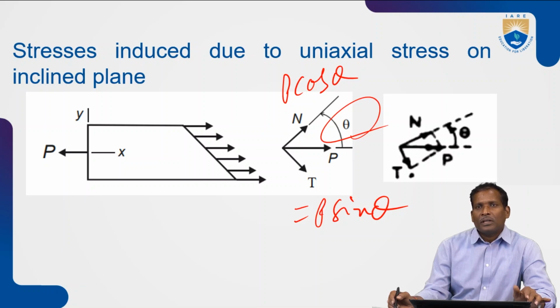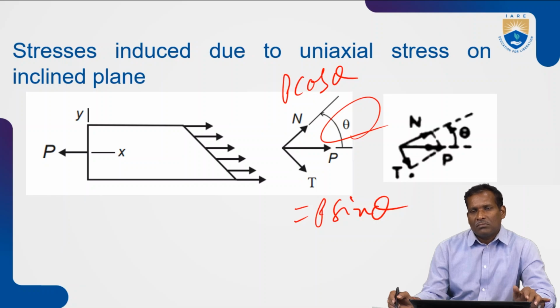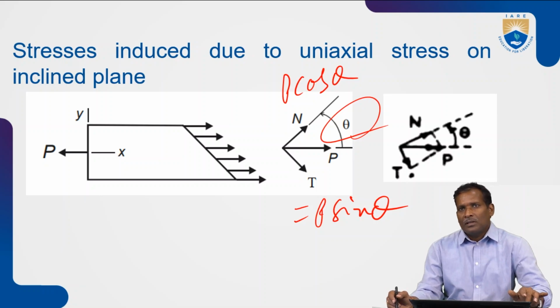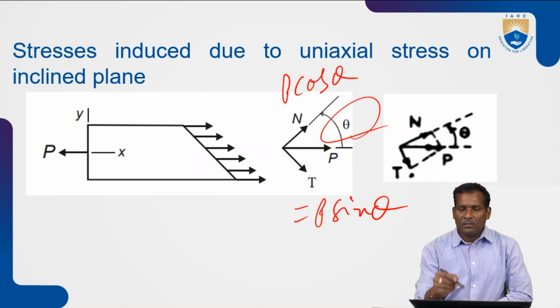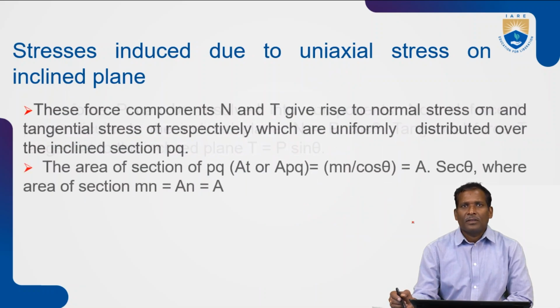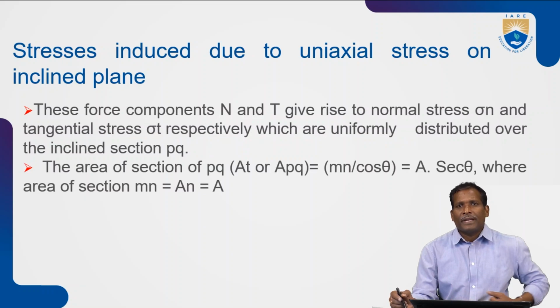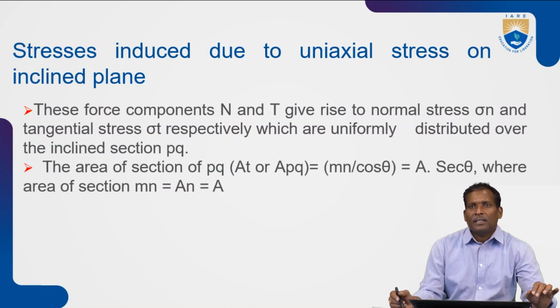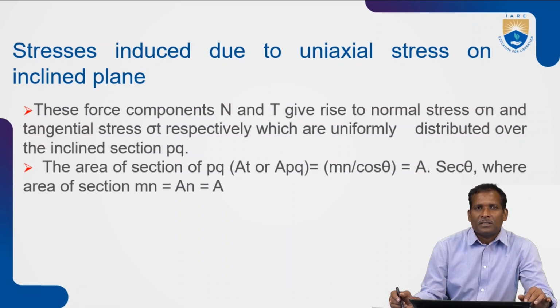So here the forces are calculated by resolving the forces. Clear? One is P cos theta and the other is P sin theta. These force components N and T give rise to normal stress and tangential stress respectively, which are uniformly distributed over the inclined section.